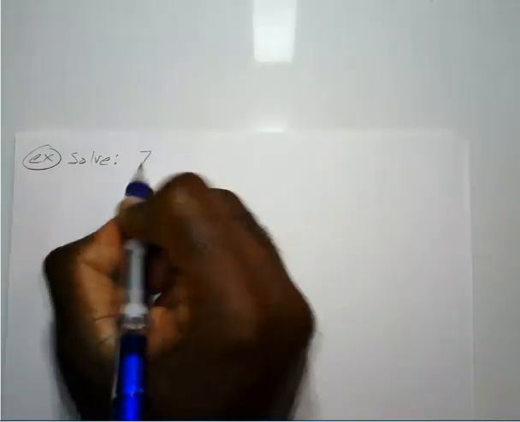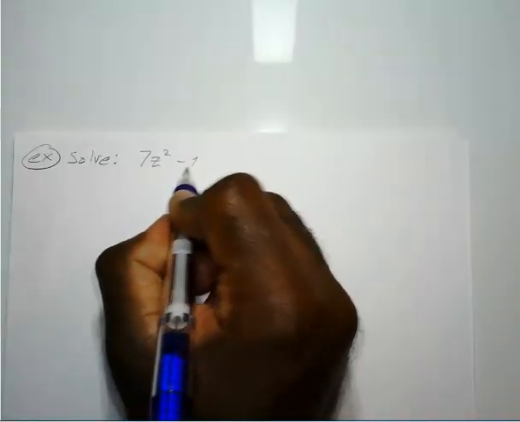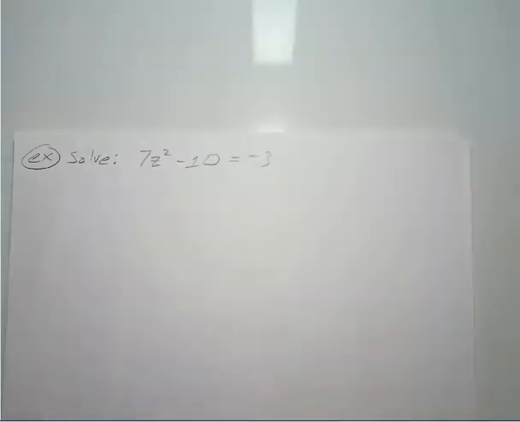Alright, so what if we wanted to solve, say, 7z squared minus 10 equals negative 3.